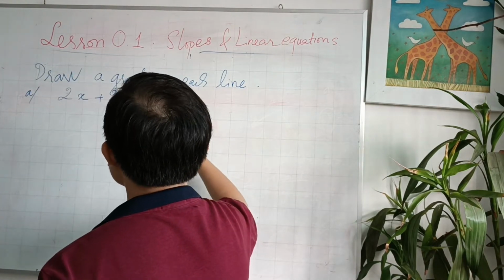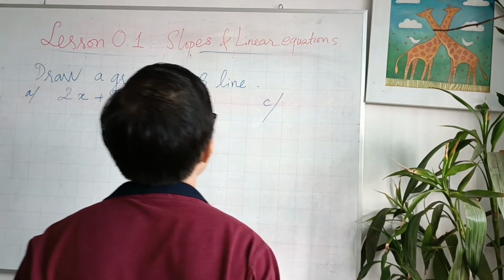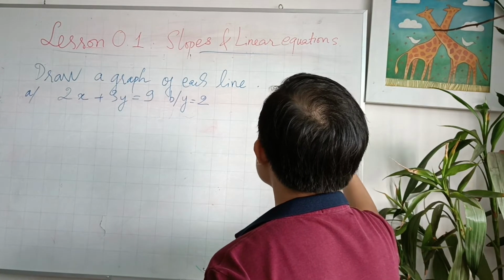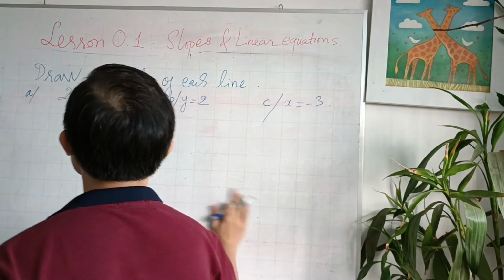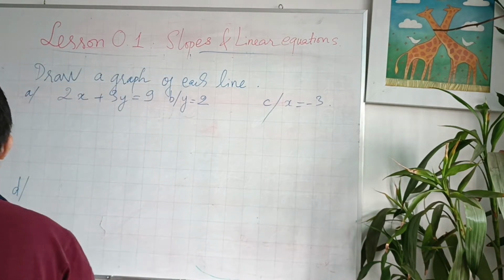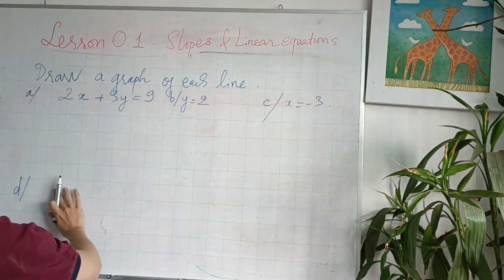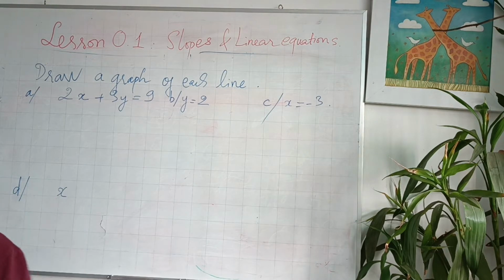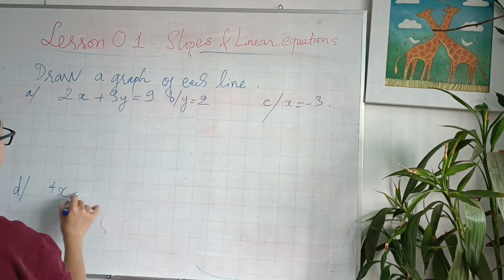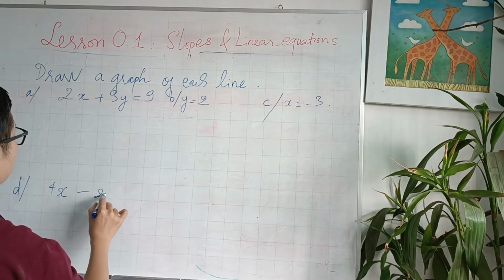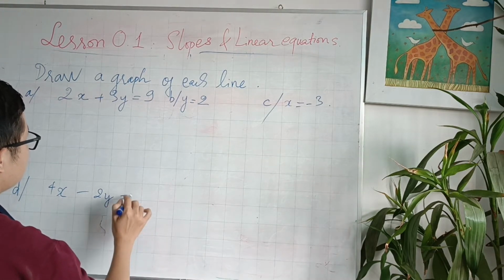B: y equals 2. C: x equals -3. And D: 4x minus 2y equals 5.